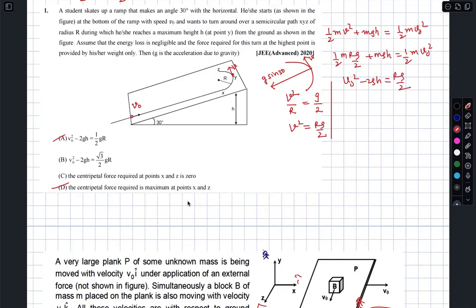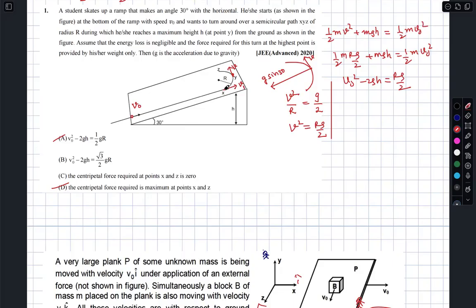The centripetal force required is maximum at points x and y. How do I know? If this is v, at this point velocity is v1. Remember, as you go up, speed decreases. Here the speed is maximum when compared to that at y.